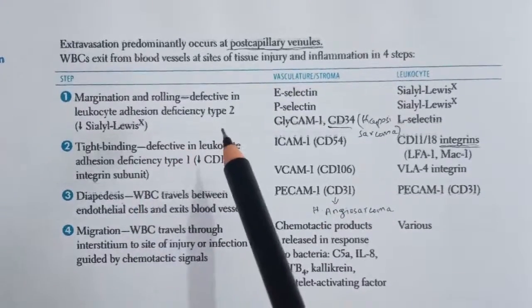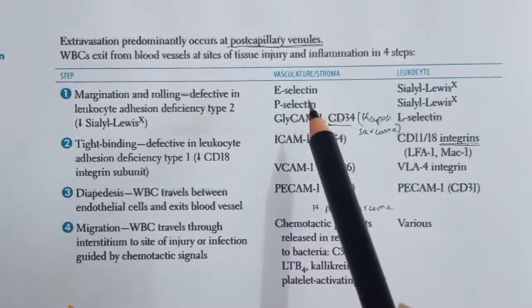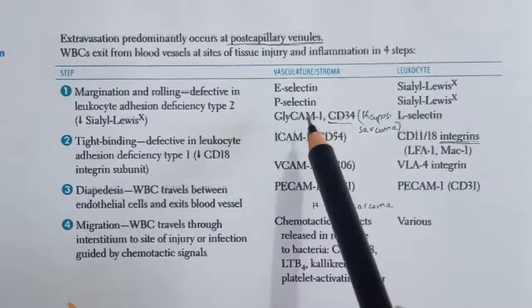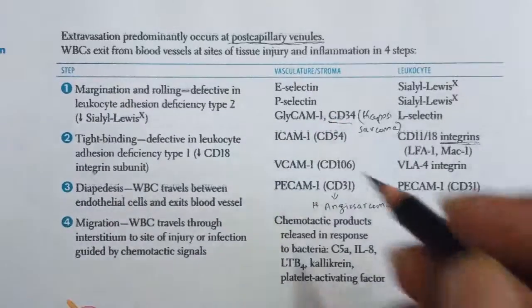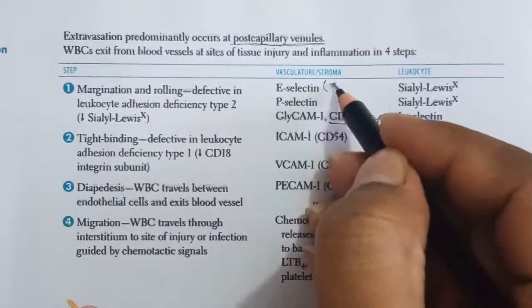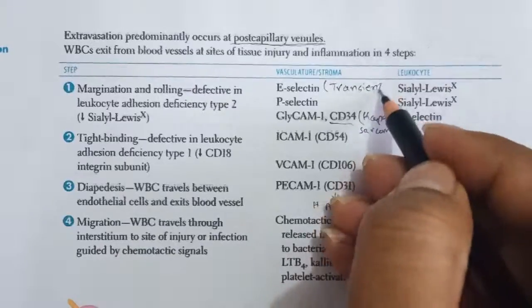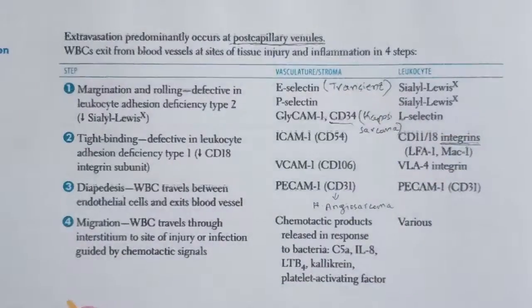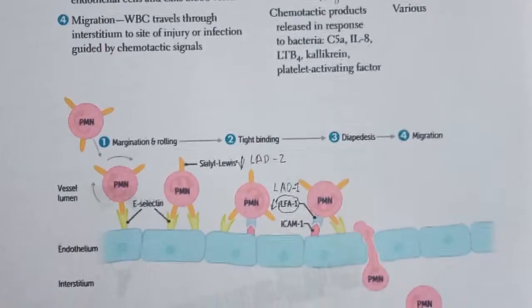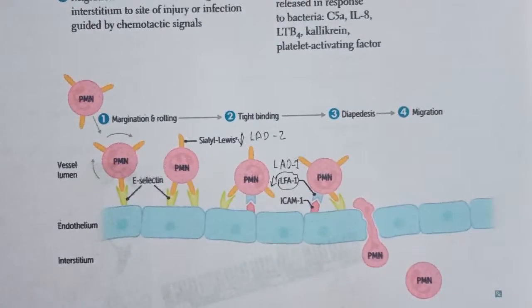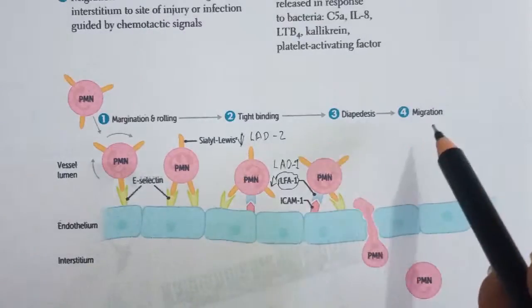For margination and rolling, it's generally the selectin molecules, which are transient attachments. Selectins are transient attachment molecules. Then we can see here the diapedesis, the migration.